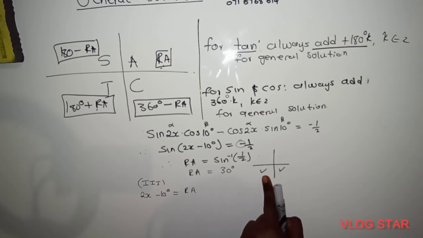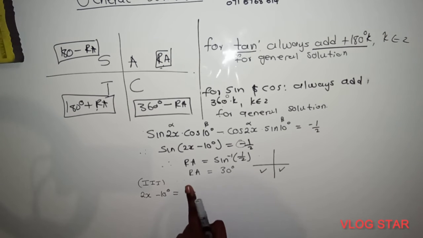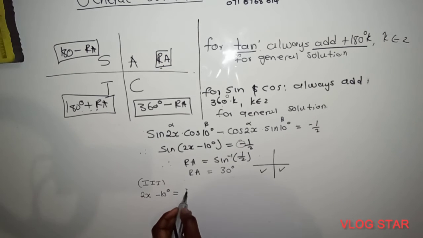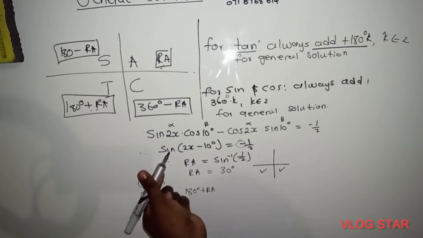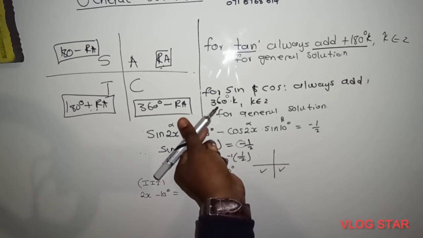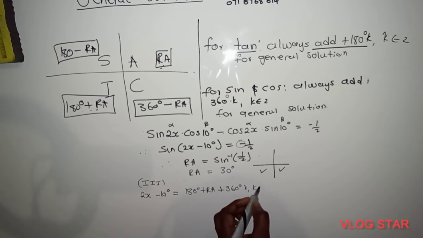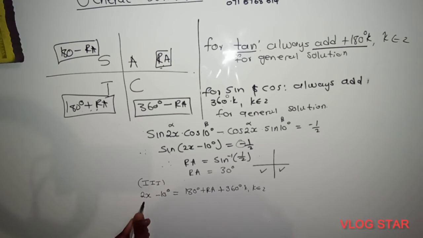The reference angle on the third quadrant is not alone, it's 180 plus RA. So I'm going to write 180 degrees plus RA, plus 360 degrees dot K, K in Z, because sine has a period of 360. Once I've done that, I keep on solving.